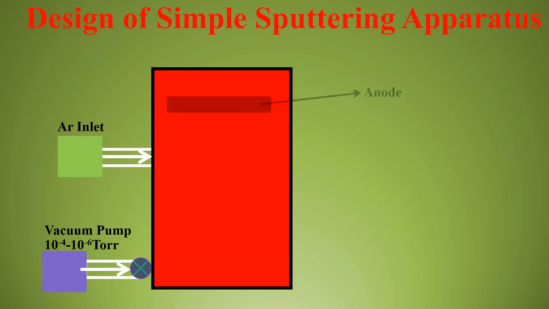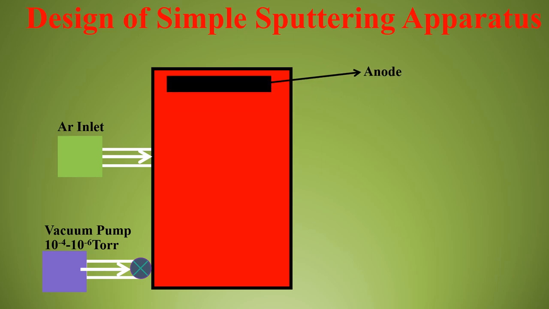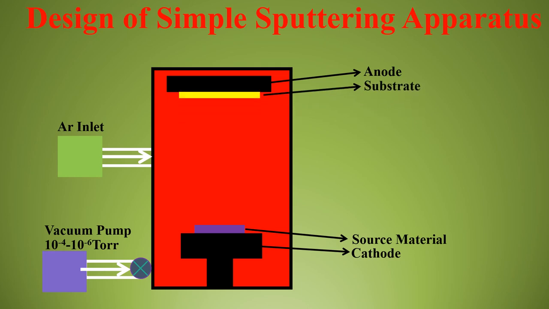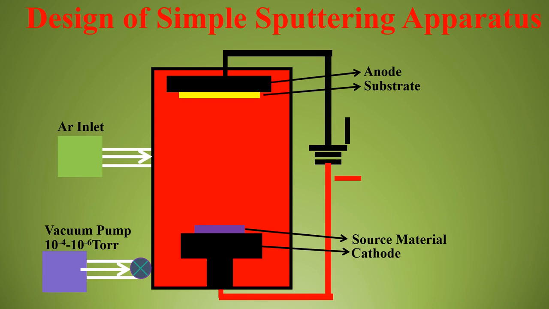The sputtering chamber consists of an anode, a cathode, and the source material, the material which we want to deposit, will be placed on the cathode, whereas the substrate is placed on the anode, and both the cathode and anode are connected with a high power source.